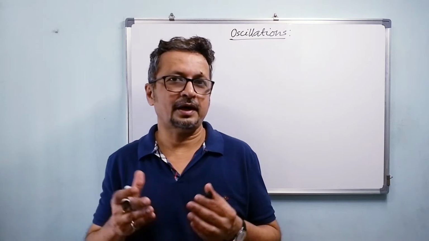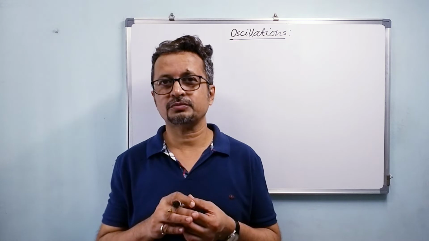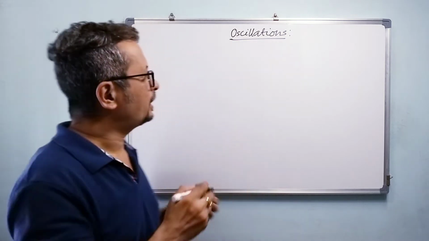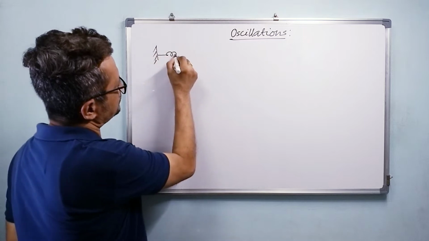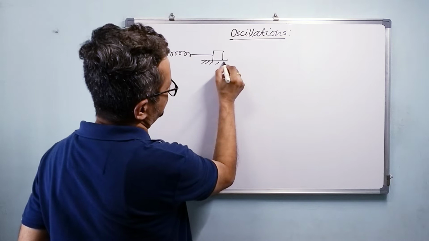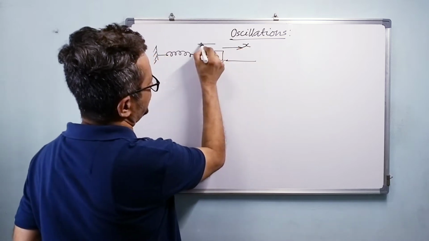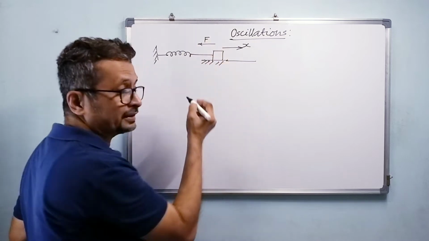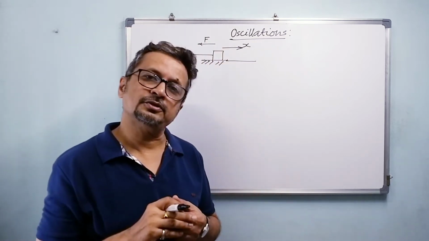I never mentioned this topic, called simple harmonic motion, in the last videos, but what is it? Let us understand. We had this spring attached to a rigid support, with some mass attached to it, and I gave it some displacement x, and the restoring force was F, towards the equilibrium position of the spring.